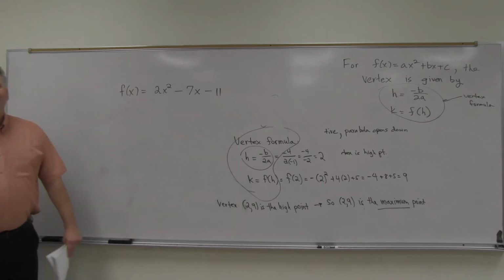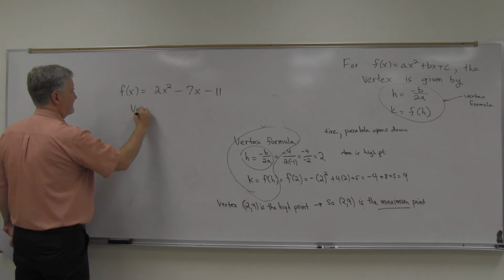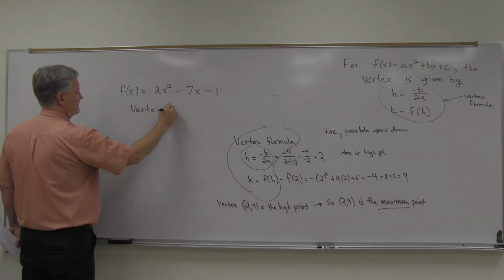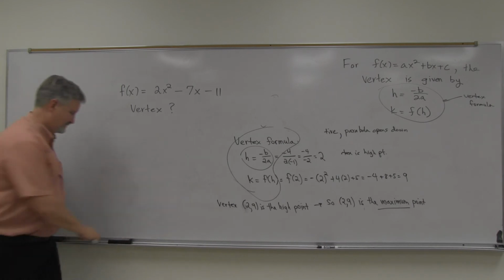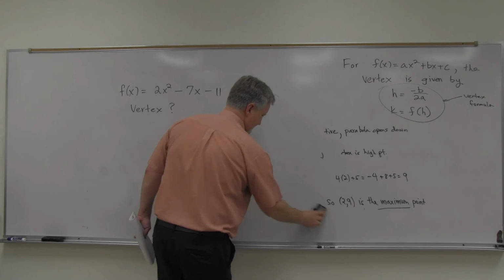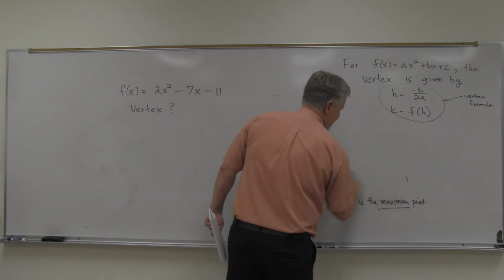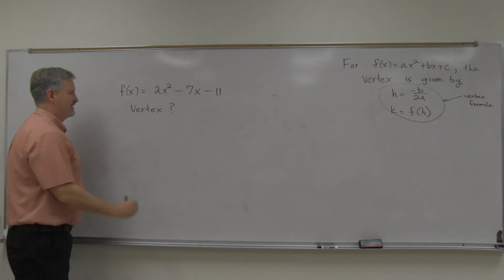What's the vertex? Well, we haven't graphed it, so we can't read it right off the graph like the last one. In this case, we can use our vertex formula.